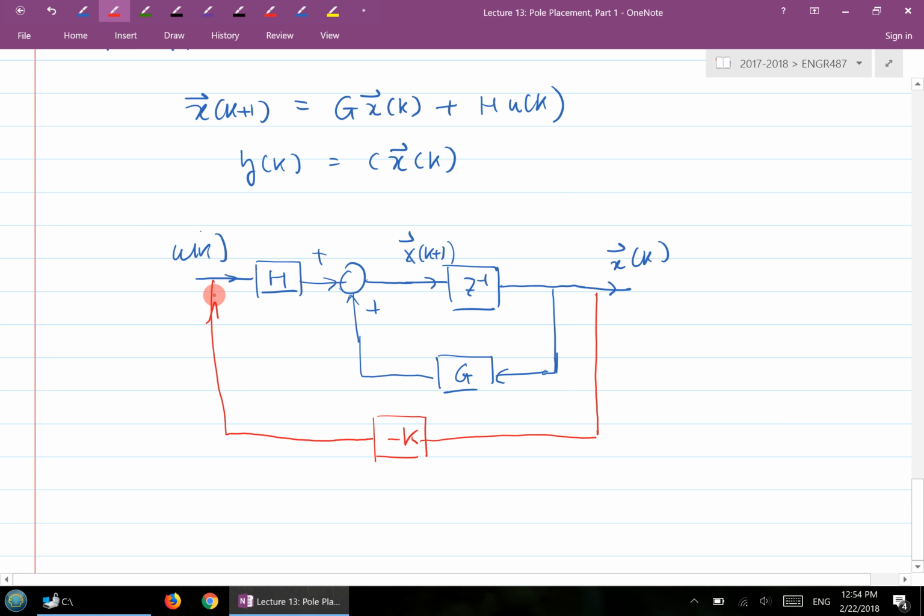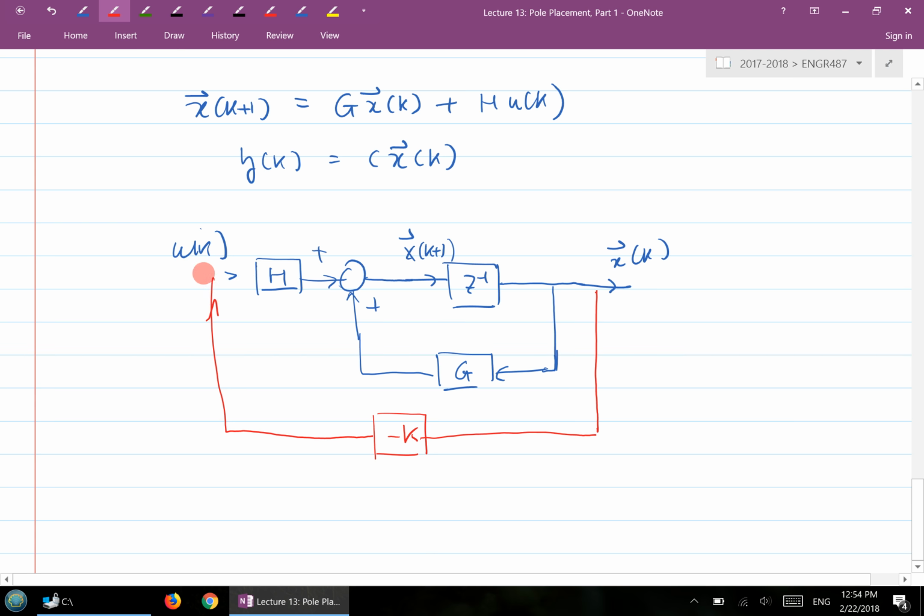So here the point is it's a closed loop. However, at least now we don't have a reference input here. This is basically just closing the loop.